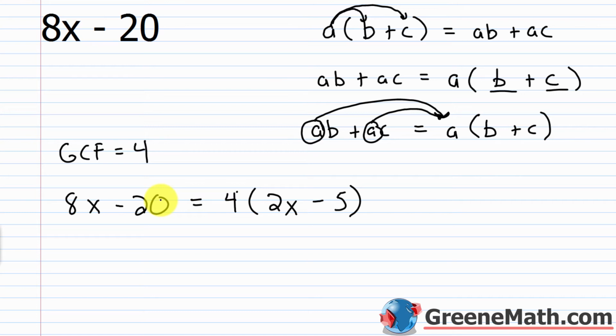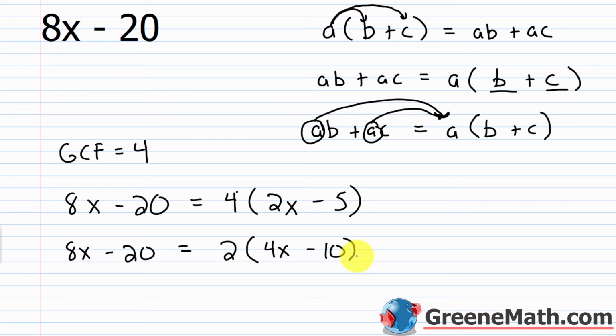Now, one thing I want to draw your attention to. A lot of students will understand how to factor, but they'll make a mistake and not get the correct GCF. So, for example, let's say I put 8x minus 20, and I only factored out a 2. So I put a 2 here. So then 8x divided by 2 is 4x. 20 divided by 2 is 10, so minus 10.